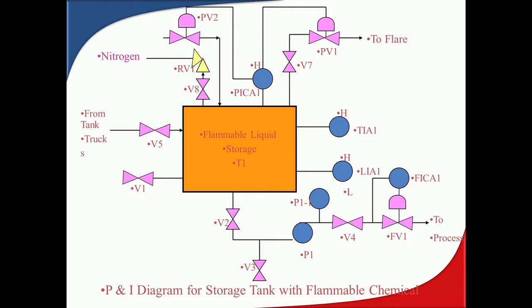He has not given one for high, only a low level indicator. Okay, for level a level indicator is given. Then what else is there? For temperature, anything given? Temperature indicator is there. Then for pressure? Pressure indicator controller.